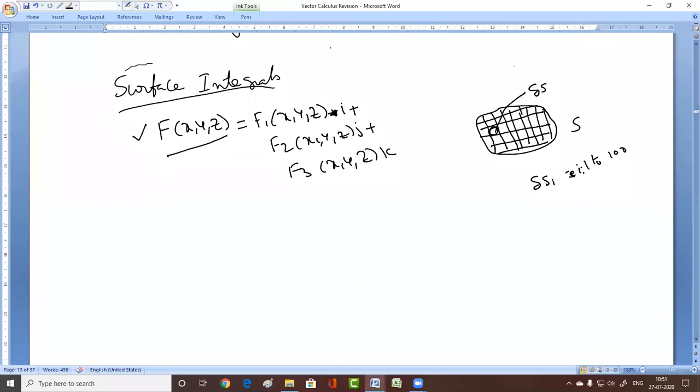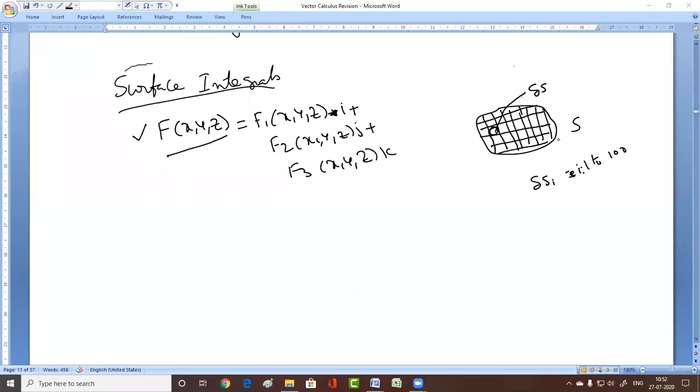But in this situation, our surface contains an infinite number of points. For each and every point substituted in this vector point function, you will get the corresponding vector.